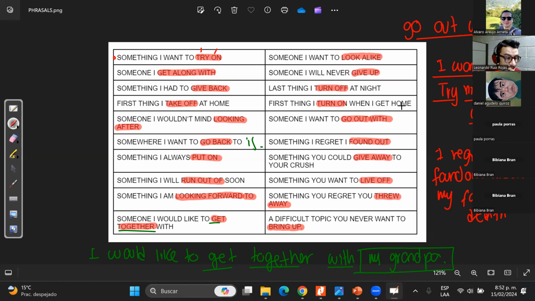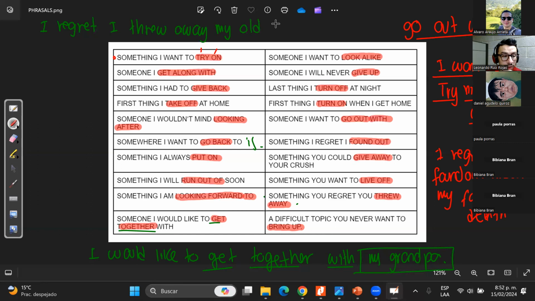Something I regret throw away are or were my old drawings. Very good. Following this same line, if we build it from scratch it would be I regret I threw away my old drawings.